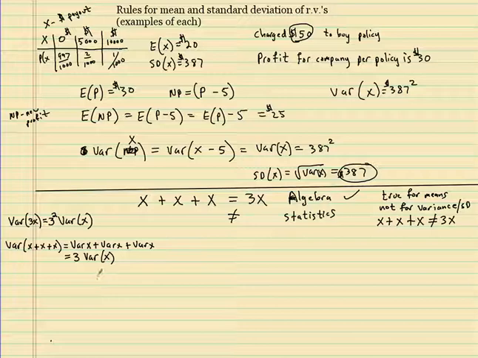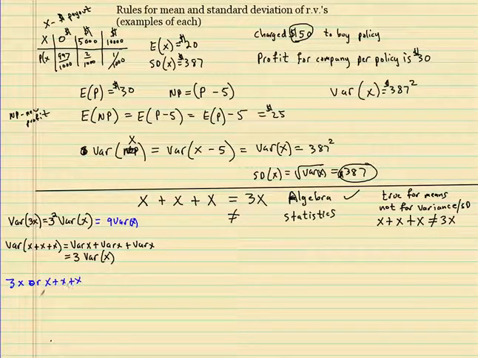So you tell me, which one of these variances is going to be larger? Because it's not the same. One is 9 times the variance of x, and the other one is 3 times the variance of x. So which one has more variance? Does 3x have more variance, or x plus x plus x?